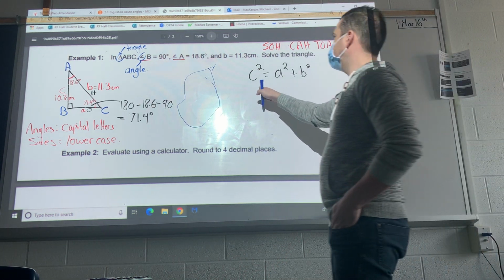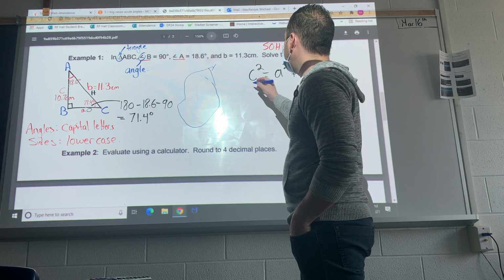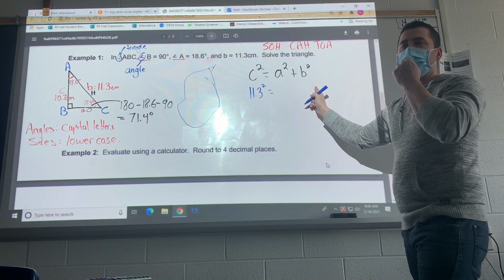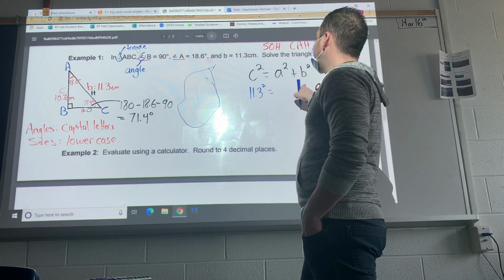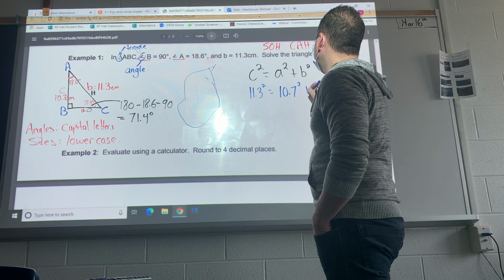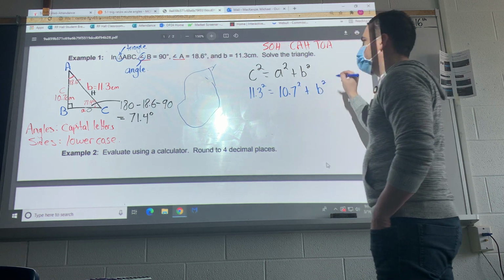So our hypotenuse, which is 11.3 squared, and A and B are the other two sides, so it doesn't matter which one you do. I'll just do 10.7 here, and then our last one, which we don't know.